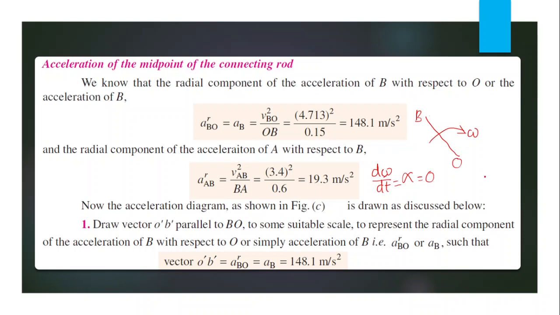Here we know that the radial component of acceleration is equal to v square by r, and the tangential component of acceleration is equal to alpha into r.